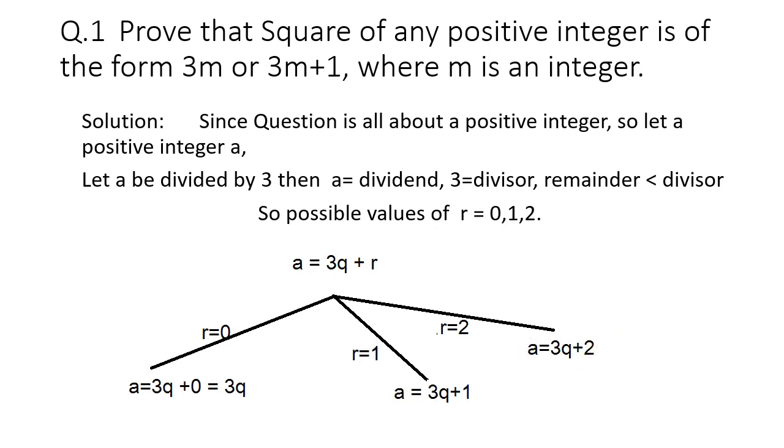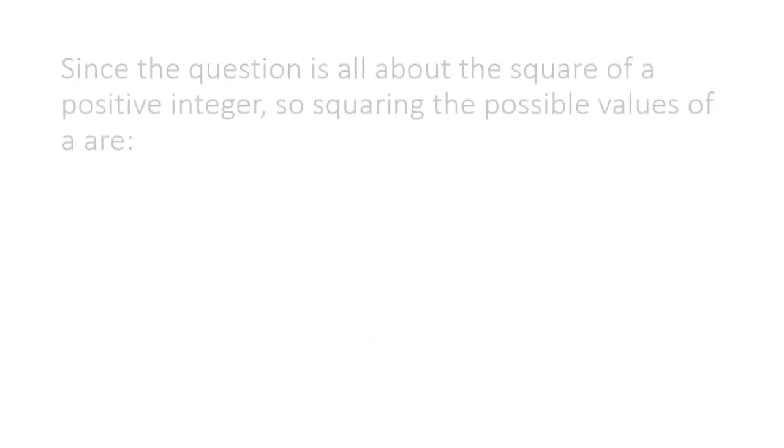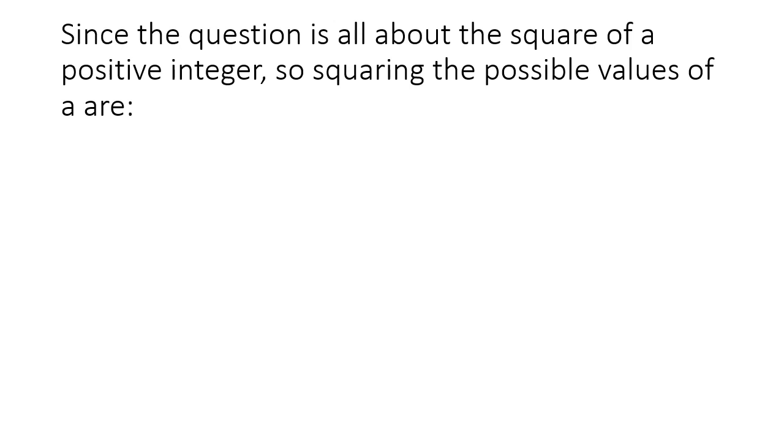After squaring I will get the formulas as 3m, it means 3 into integer, or 3m plus 1, it means 3 into integer plus 1 form. So we are having 3 cases, 3 paths to solve the question as 3m or 3m plus 1. This question is all about squares, so I have to make a square of the given possible formulas.